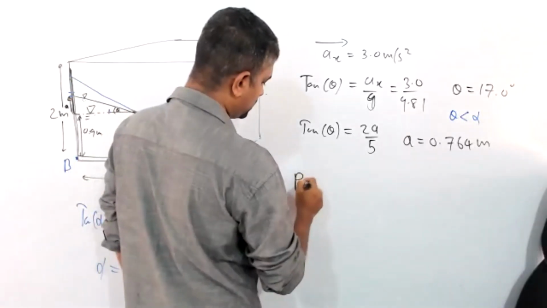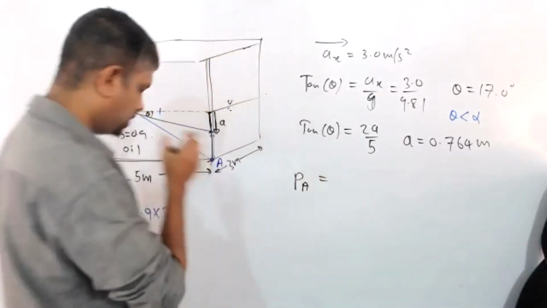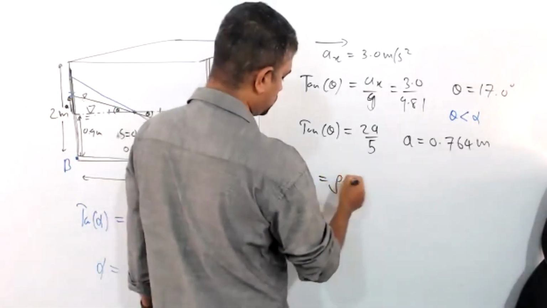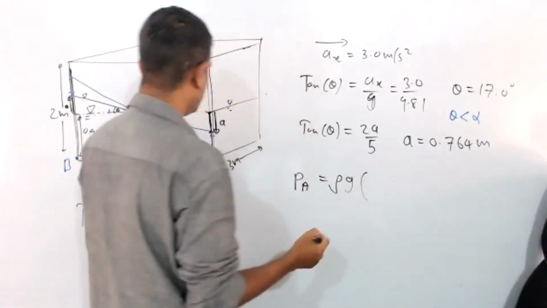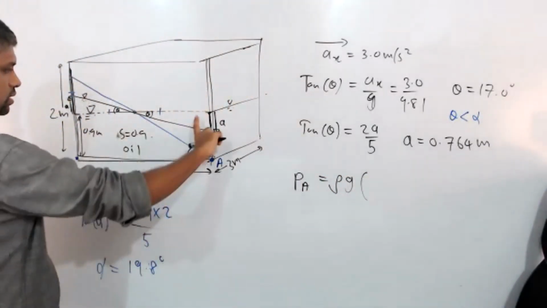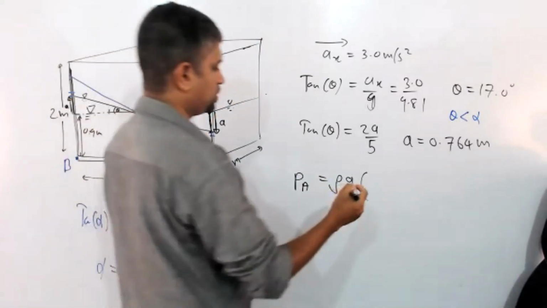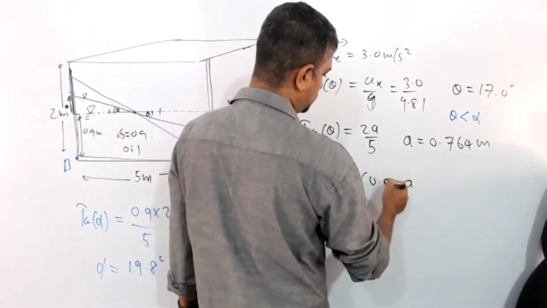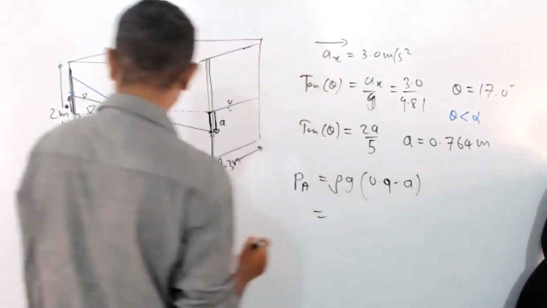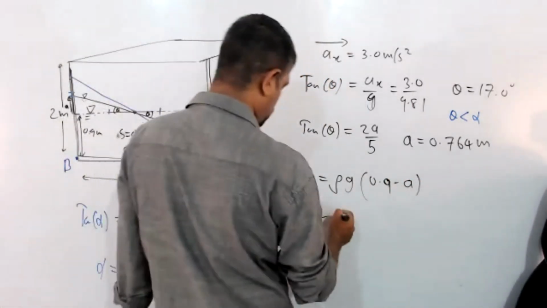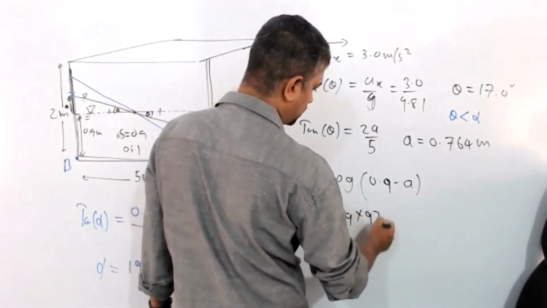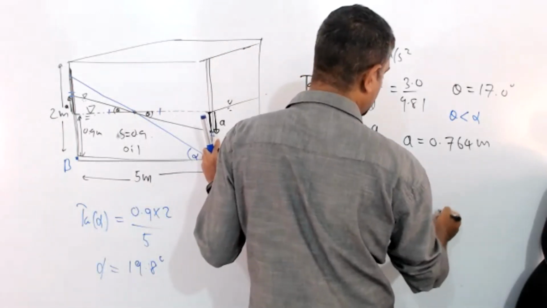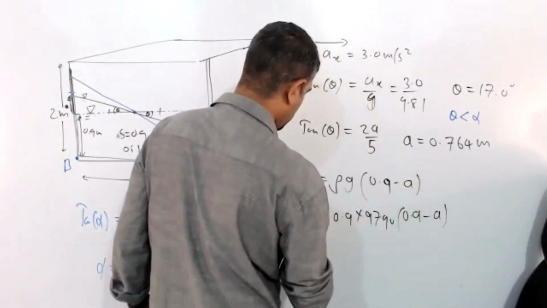PA is given by rho g h. In this case h is 0.9 minus A. Rho is 0.9, so 9790 into 0.9 minus A. This is the value of PA.